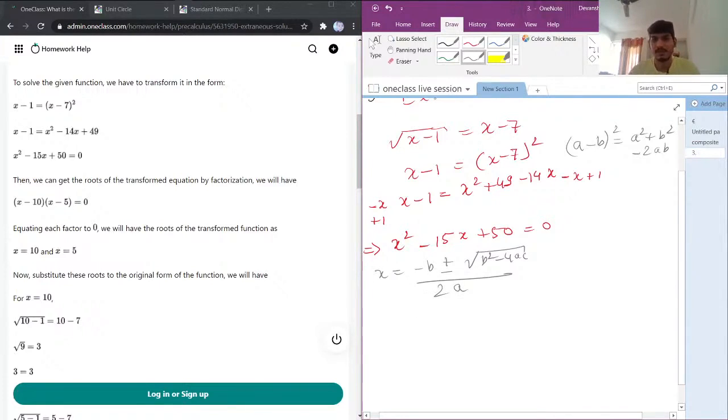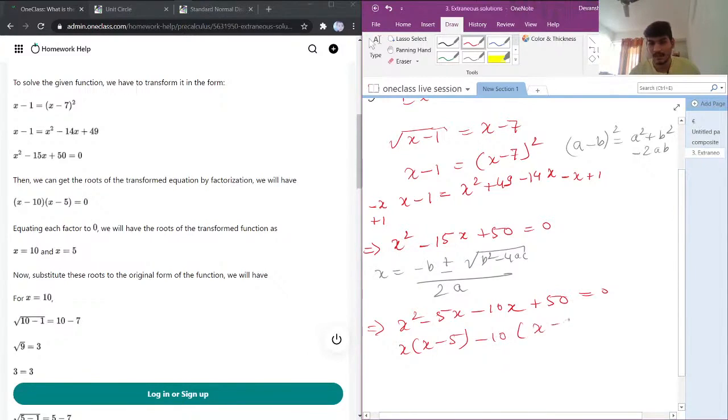This gives a set of two roots. As the tutor has given, let's see: x square minus 5x minus 10x plus 50 equals 0. Now I can take x common, giving x minus 5, and take minus 10 common, giving x minus 5.